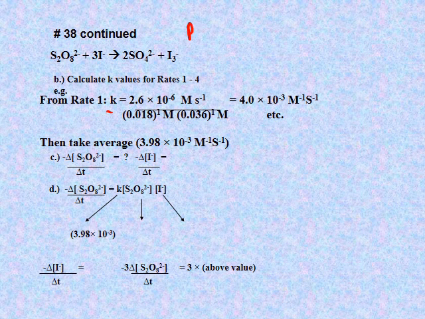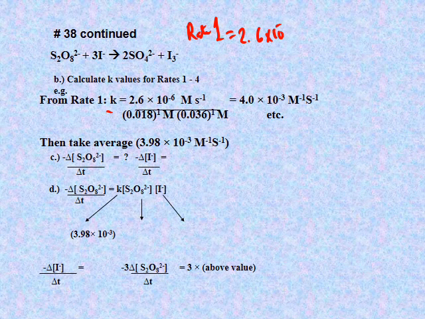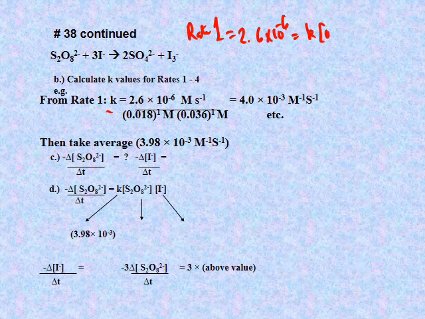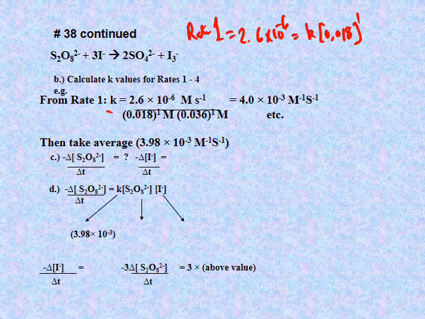So rate 1, that's from the last slide, equals 2.6 times 10 to the negative 6, equal to rate constant times 0.018, and we know by now order is 1, 0.036, order is 1, so that simplifies everything.